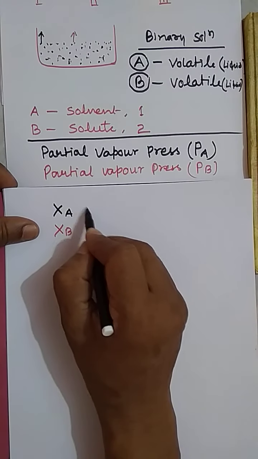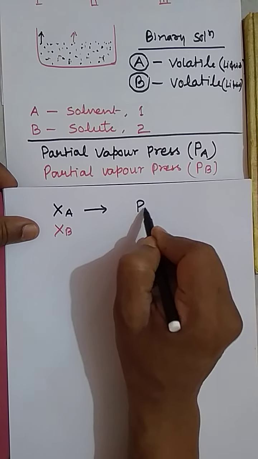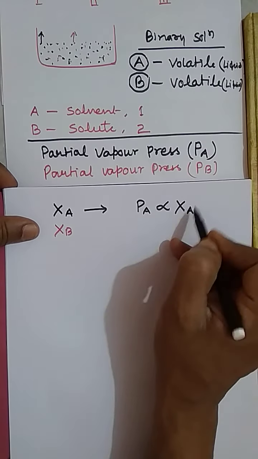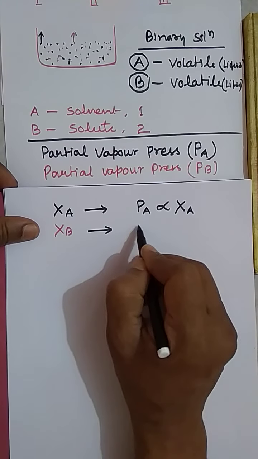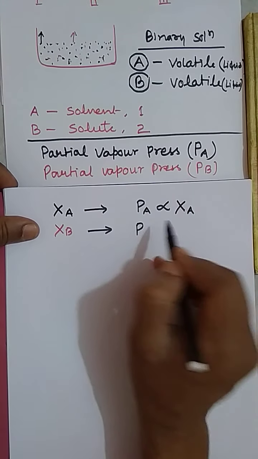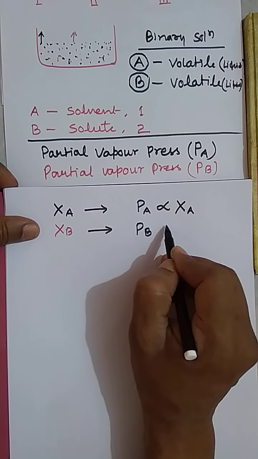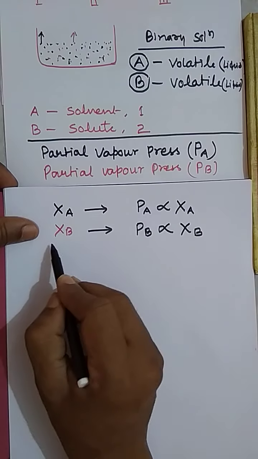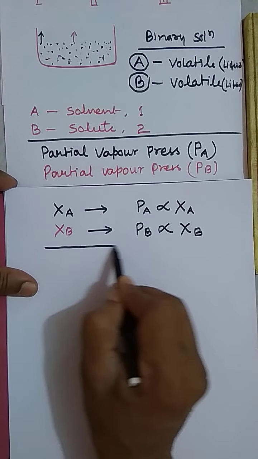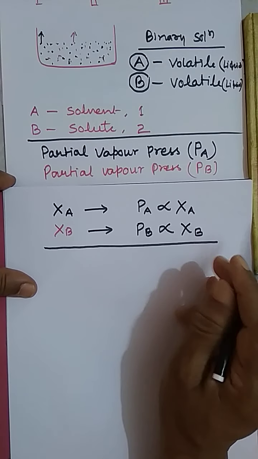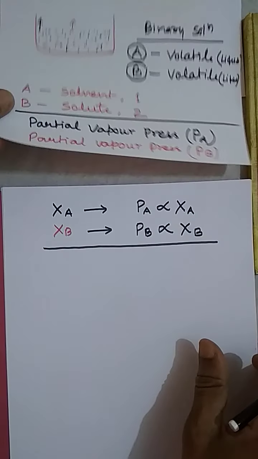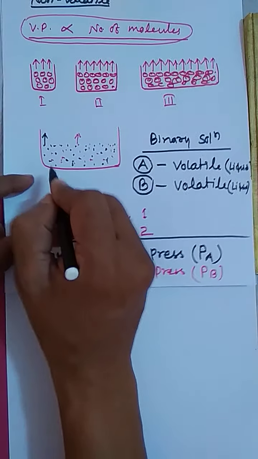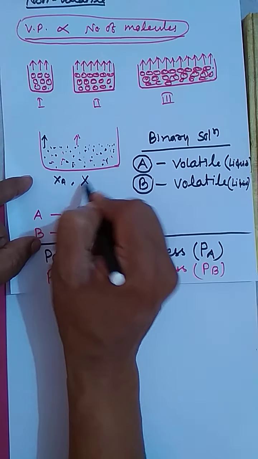That means the partial vapor pressure of A is directly proportional to XA, the mole fraction of A, and the partial vapor pressure of component B is directly proportional to XB. It's very clear, because vapor pressure is directly proportional to the number of molecules. In solution, we can represent the mole fraction. Here mole fraction of A is present and mole fraction of B is also present.